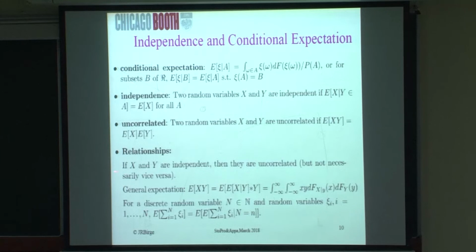So as I said, if two random variables are independent, then they're uncorrelated. But the opposite isn't true. You could have two random variables that have covariance of 0; in other words, if I take the expectation of x times y and I subtract off EX times EY, I get 0. But they're actually not independent. That is, there are particular values of one of them that will change the expectation of the other.